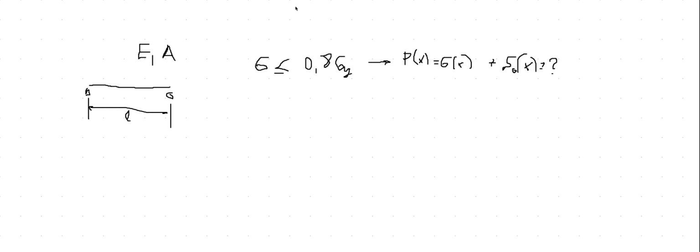So now I have stretched my cable, and then I clamp it here. So the behavior of this material would be S11 equal to Young's modulus times E11, being the Green-Lagrange strain, plus S0 that I obtained from pre-stressing. So this is phase A. And in phase B, I apply the loading.